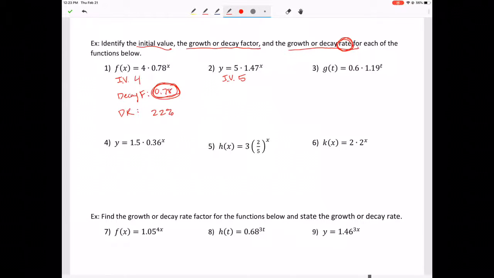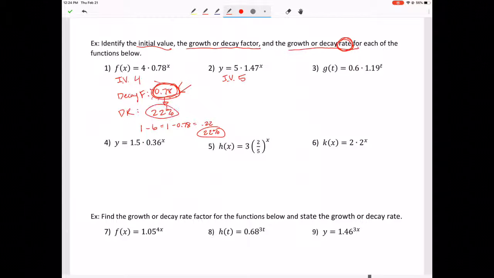Okay, so again, I'm okay if you just go straight from there, find the difference between this and 1, or you could say, well, we know Mr. Warner showed me that the decay rate is going to be 1 minus b, which is 1 minus 0.78, which is 0.22, and we'll want to write it as a percentage, which is 22%.